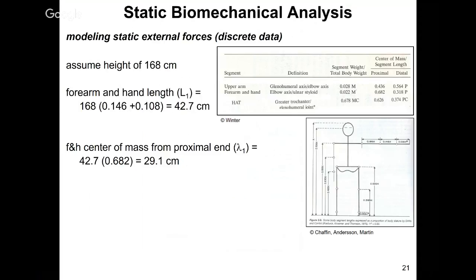All right. Now, we do care about where that center of mass is and the length of the forearm. Dr. Fogelman calls this L1. I'm going to call it LF plus H. We also need to know the distance from the elbow, the fulcrum, to the center.